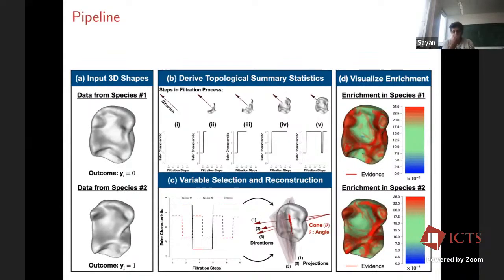Okay, so let me first give you a picture and a pipeline. And we didn't do this in cancer because we didn't have something controlled enough that we could really tell you whether we were being right or wrong.